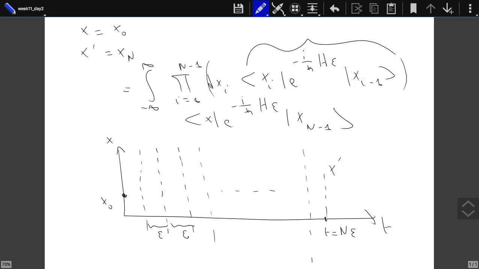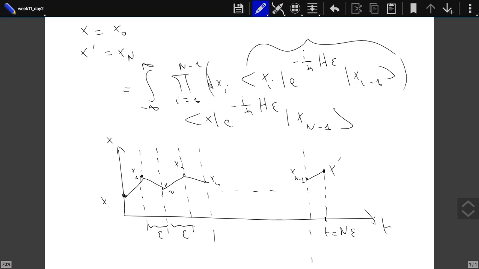And then we wrote the amplitude that this particle starts from x and goes to x' as a product of several amplitudes. Let's say this is x_1, x_2, x_3, x_4, up to x_{n-1}. The whole amplitude for the particle to go from x to x' is the amplitude that it goes from x to x_1, then from x_1 to x_2, x_2 to x_3, x_3 to x_4, etc., from x_{n-1} to x'.